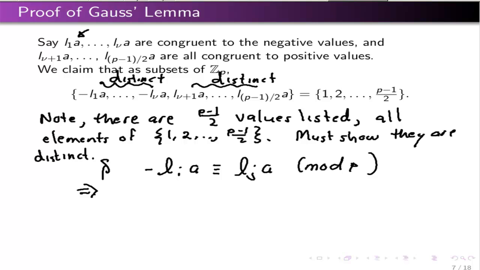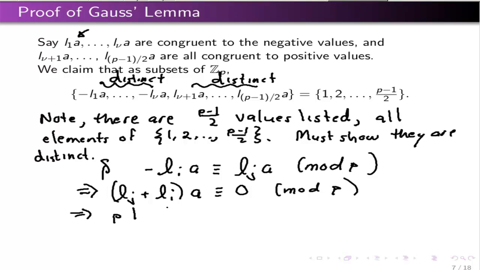That would imply that (L_j plus L_i) A is congruent to 0 mod P, which would mean that P is a divisor of L_j plus L_i, since A is relatively prime to P. Well, how big is L_i plus L_j? These values are going from 1 to (P minus 1)/2.